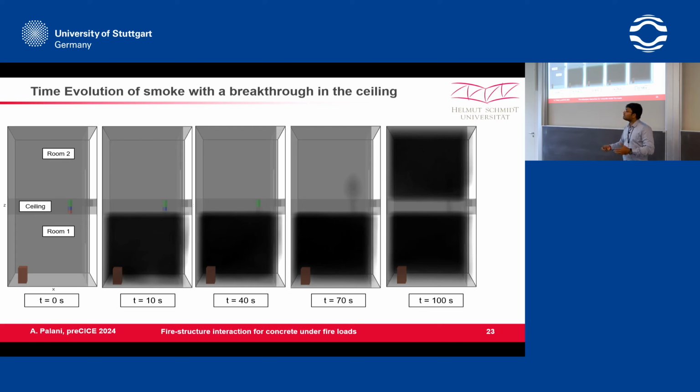The structural solver takes that temperature, and if it has a certain thickness, it will compute with the temperature if the thickness is growing. He will give me back the newly extended thickness, and my fire solver extends the hole.